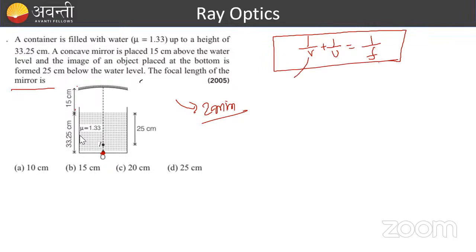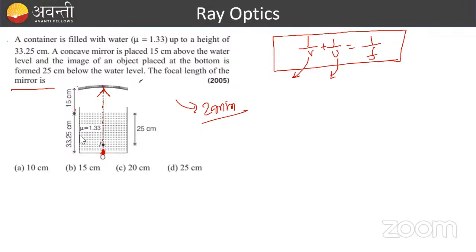In the question, image distance is given, object distance is given, but we need to look carefully at what the object distance will be, because that object is kept in water. Suppose the object is here now. If its image is getting formed by the mirror, light coming from the object will fall on the mirror, right?